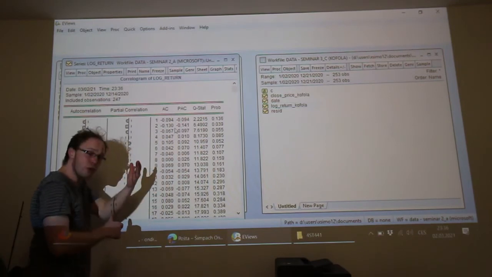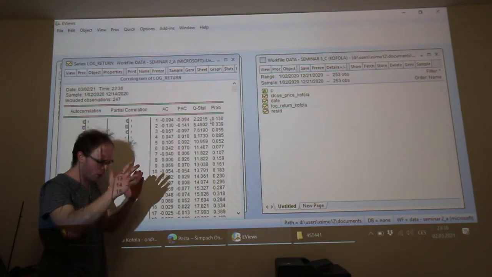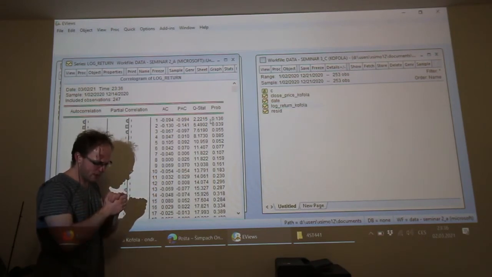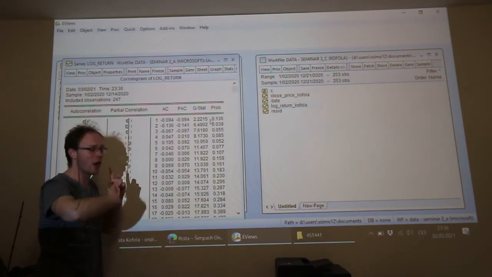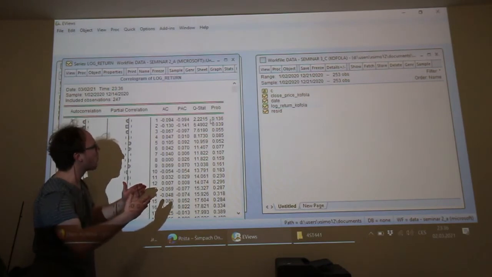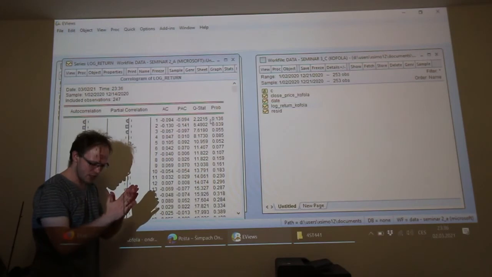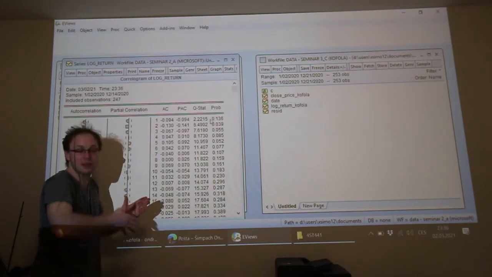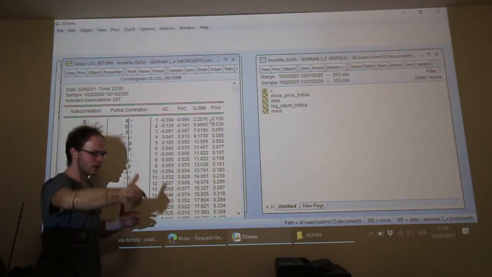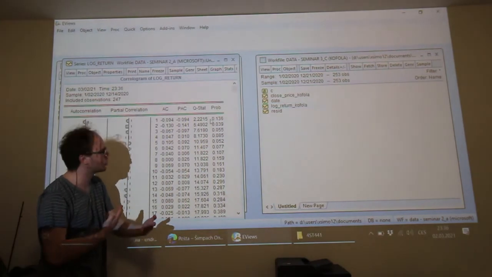And do you remember the formula for the calculation of the Ljung-Box Q statistic? I said to you that this Q statistic is a cumulative statistic, yes? Cumulative. So every next value of this Q statistic in time t is higher and higher than the value before, because there is an accumulation, yes?